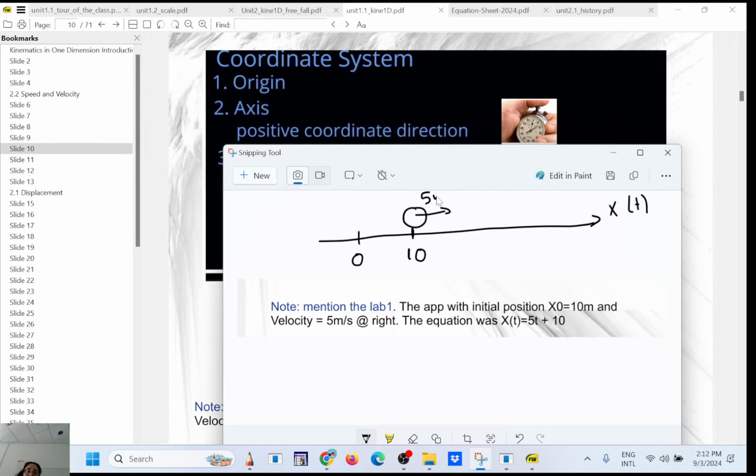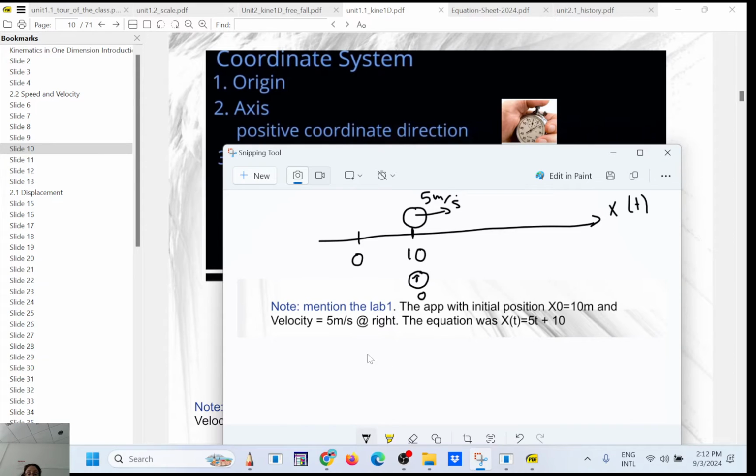So let's say you have 5 meters per second, and you are moving to the right. So that means when you start your stopwatch, you are at position 10, and you move at a speed of 5 meters per second. After 3 seconds, what's going to be the distance covered? 15, but you start at 10, so that's going to be 25.